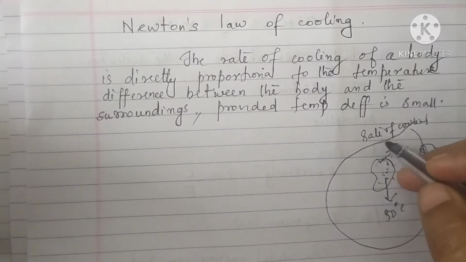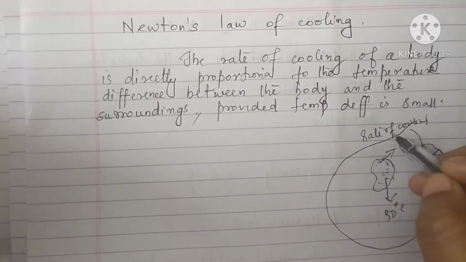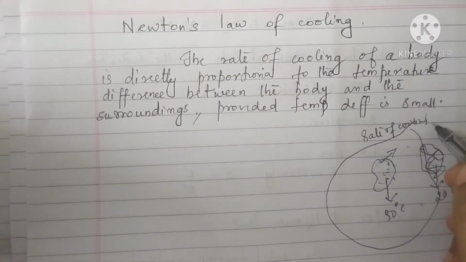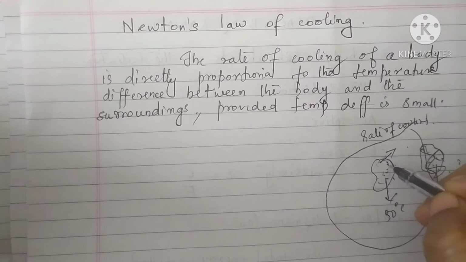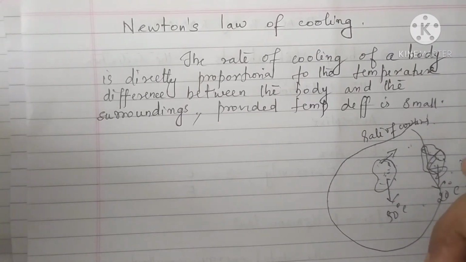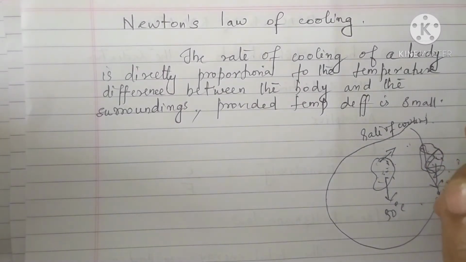So here also you can say that the rate of cooling of a body is directly proportional to the temperature difference. That means if the temperature difference is very small between the body and the surroundings, the rate of cooling is also small. Understood?